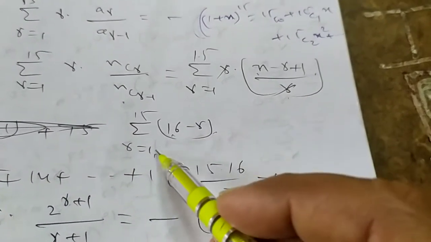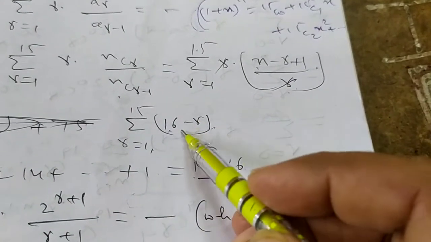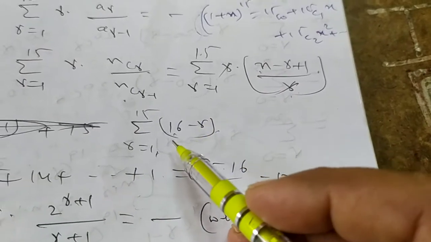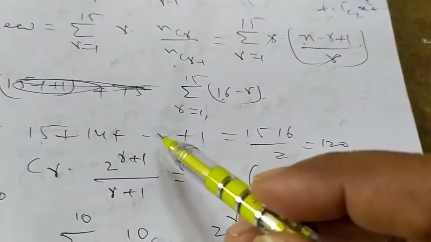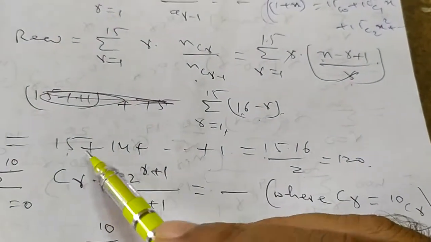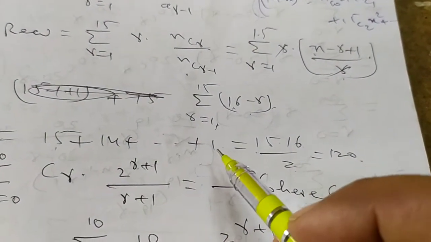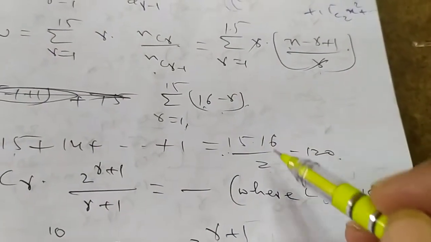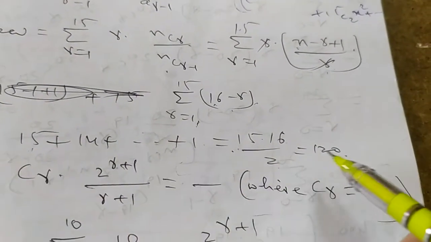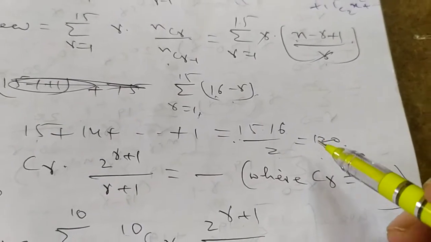Now open this sigma. When r is 1, 15. When r is 2, 14 and so on. When r is 15, 1. That's the required 1 plus 2 plus 3 plus and so on 15. So sigma, 1 plus 2 plus 3 plus and so on plus n formula is n into n plus 1 by 2. Here n is 15. So by simplifying, 120.